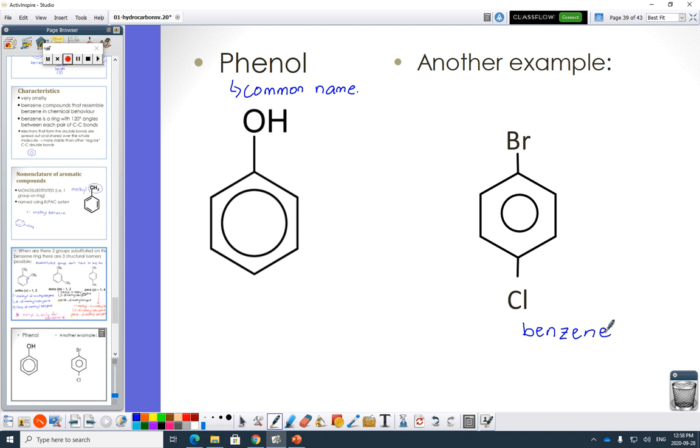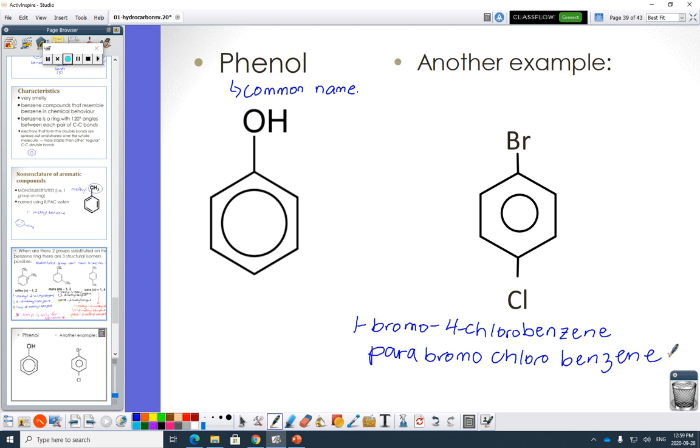So you can call this 1-bromo-4-chlorobenzene, or para-bromochlorobenzene. And if you prefer dashes, you can put dashes, if you think that keeps your work neater.